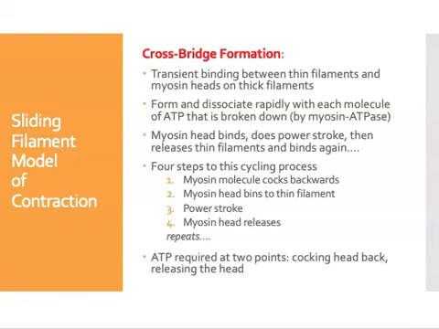It turns out that the release of the myosin head from the thin filament also requires a shape change. That makes sense, right? And that means another ATP has to bind and be broken so that the myosin can let go.